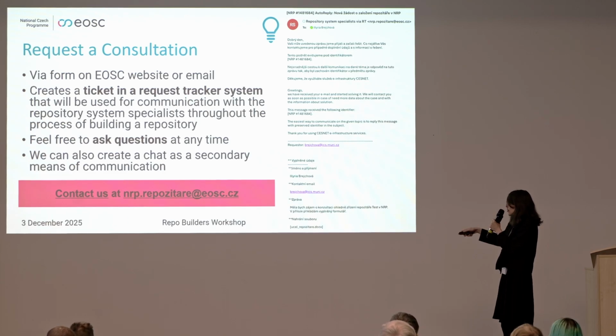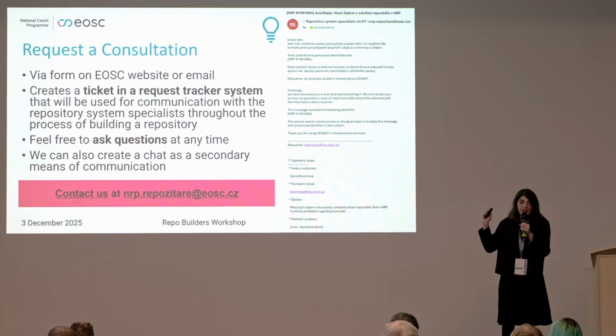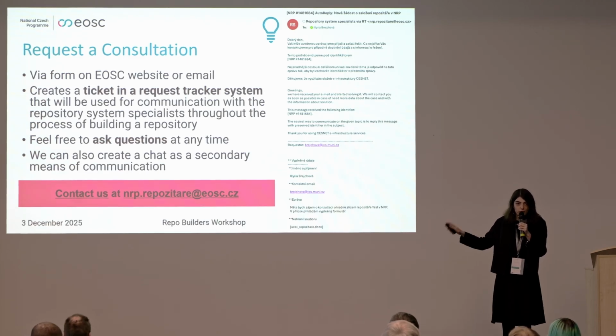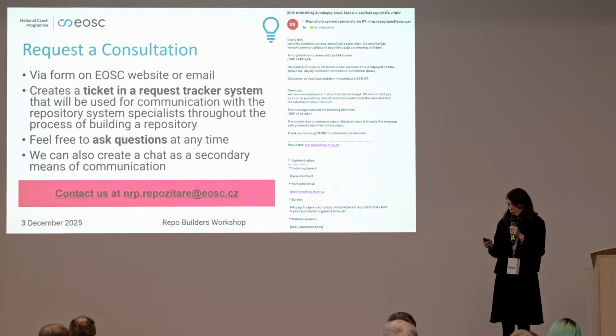So after requesting that, you'll get an automatic response from a request tracker system. It's a bit messy. I'm sorry, we're working on it. But after that, a friendly repository system specialist will respond. We'll send you a booking form, and we will agree on a time to meet. Usually expect it will take about an hour and a half to get an in-depth understanding and to start off the conversation.